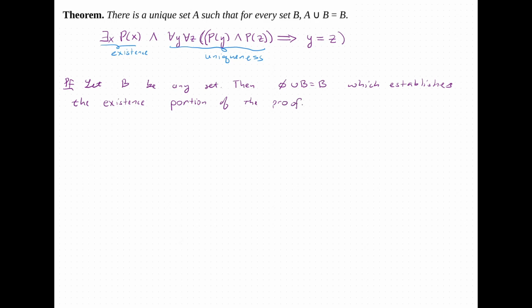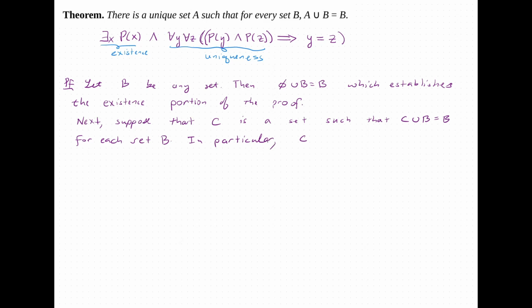So now we go towards uniqueness. So next, suppose that C is a set such that C union B is equal to B for each set B. Now we do the argument that we did earlier, where we take B to be the empty set, since this holds for every set B. So in particular, we have that C union the empty set is equal to the empty set.